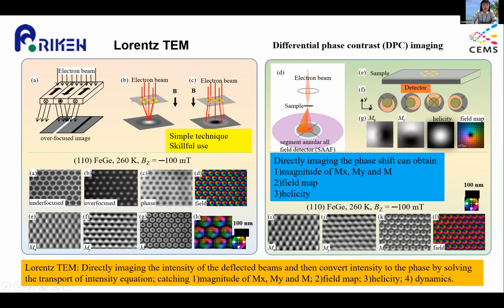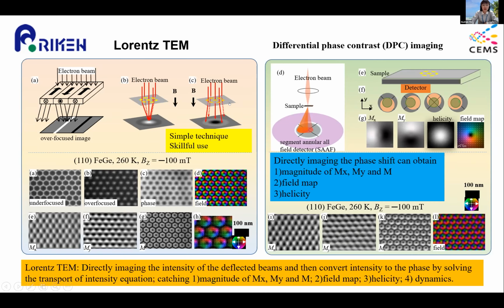This figure outlines the Lorentz TEM observation of magnetic skyrmions with counterclockwise and clockwise helicity. The white and dark dots indicate the opposite helicity of skyrmions, which means we can use this method to determine the helicity of skyrmions.